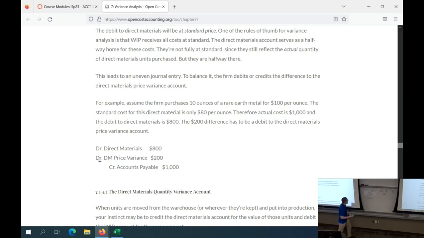We could also calculate it out: actual price minus standard price, so 100 minus 80, times actual quantity purchased, which is 10. So we have 20 times 10, which is 200. It ties and works well.